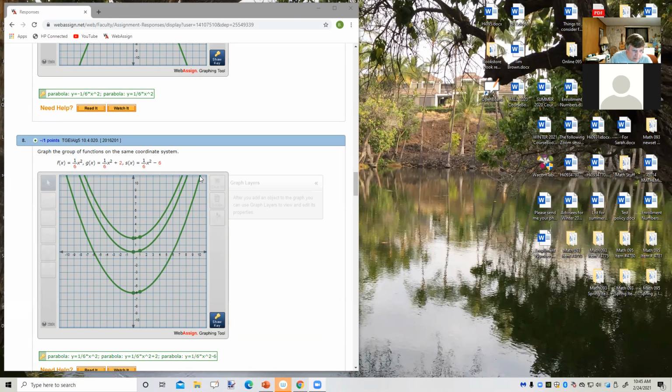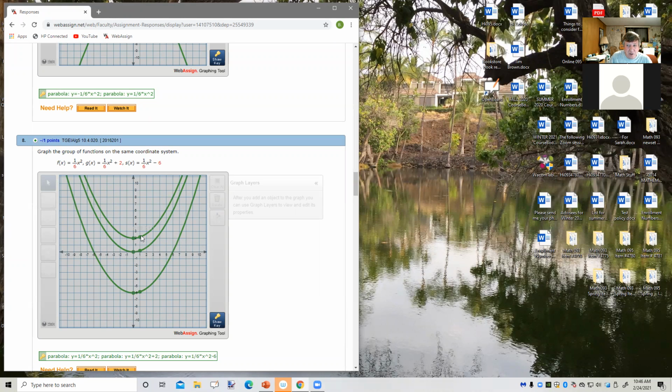Okay. Now, if f of x equals 1/6 x squared is this one, what if we have g of x equals 1/6 x squared plus 2? What does that do? It takes all of the points of this initial graph and moves them up 2 units. So instead of 0, 0, we're at what? 0, 2. Instead of 1, 1/6, we're at 1, 2 1/6.